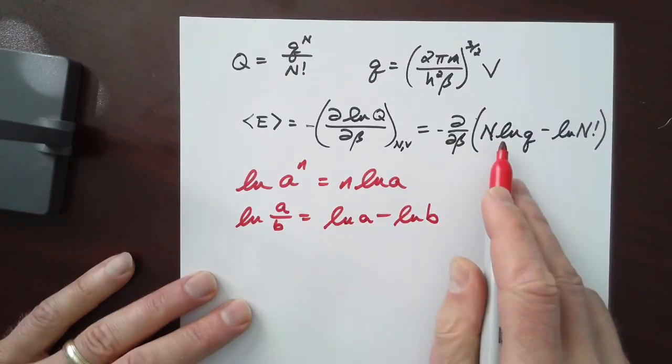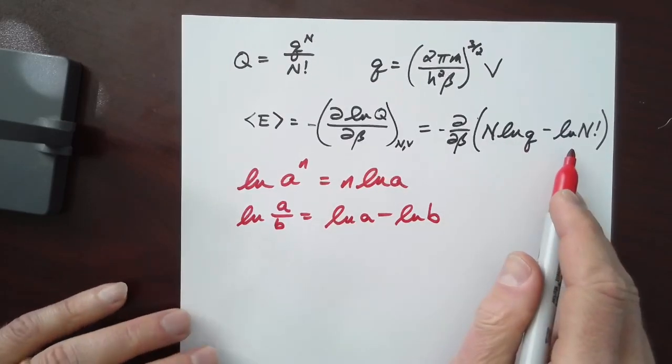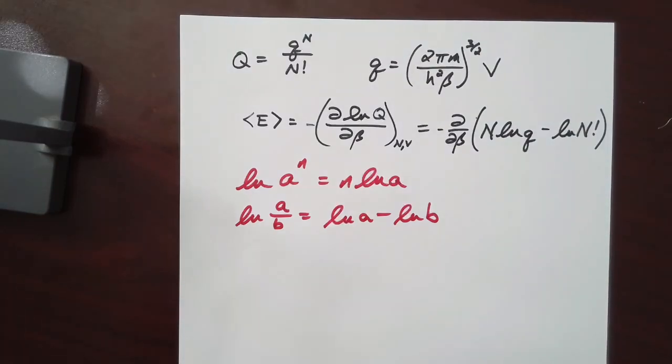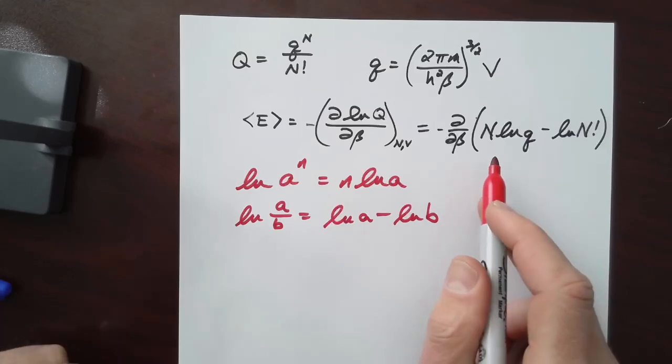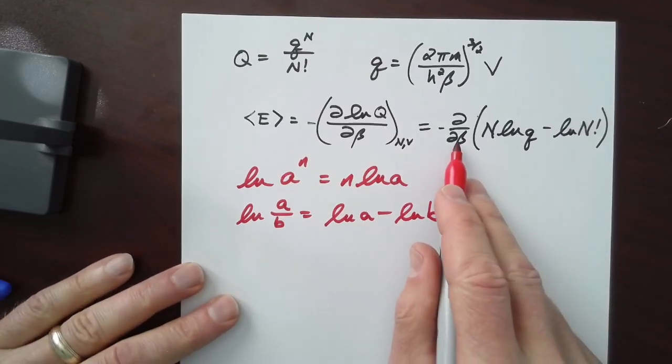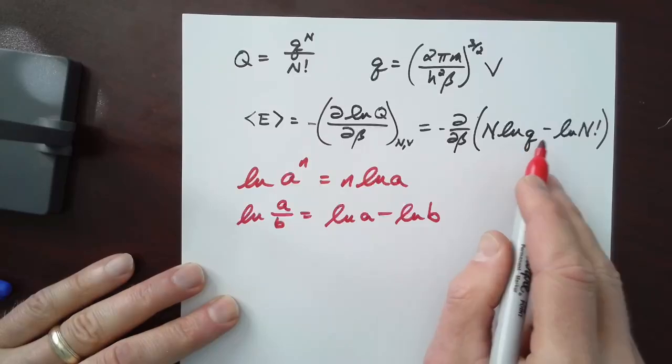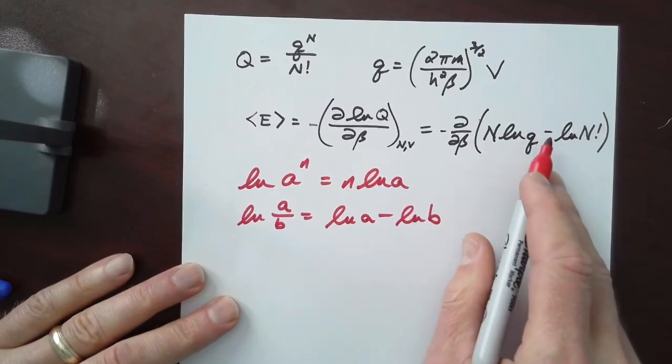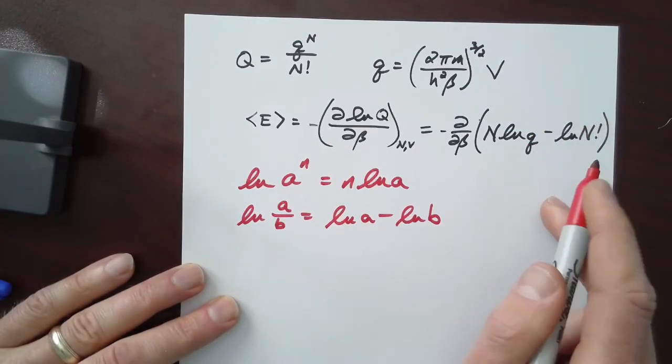We put both of those together in deriving this. The reason why we want to do this is because it makes the math a little bit easier. Now if we want to calculate the average energy, we need to take two derivatives, one of this thing and the other of this.